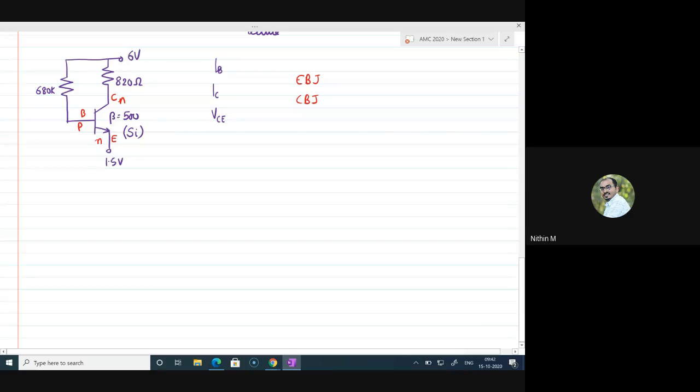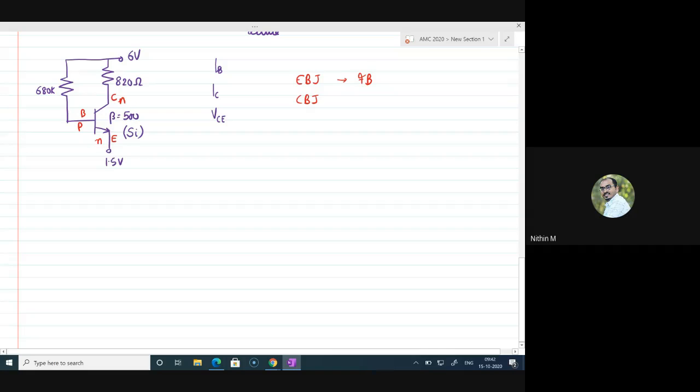Now your emitter is connected to 1.5, and base is connected to 6 volt through a 680k resistance, right? So more likely, since the base is connected to a higher voltage of 6 through 680k and the emitter is connected to 1.5, which is a lower voltage, we can say that this emitter base junction is forward biased.